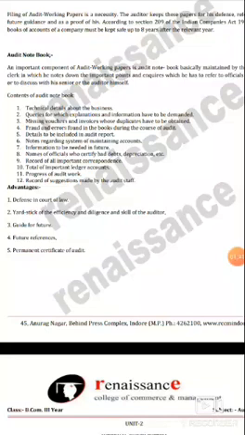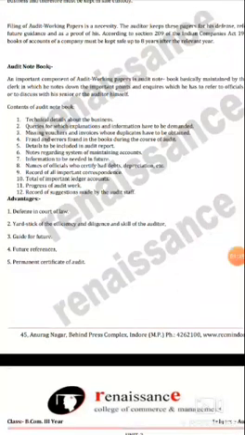So here are the contents of the audit notebook. What will they write in the audit notebook? First, technical details about the business. The clerk or the auditor himself records the technical details about the business: what kind of technology they are using and what techniques they are following for smoothly running the business. Then queries for which explanation and information have to be demanded.